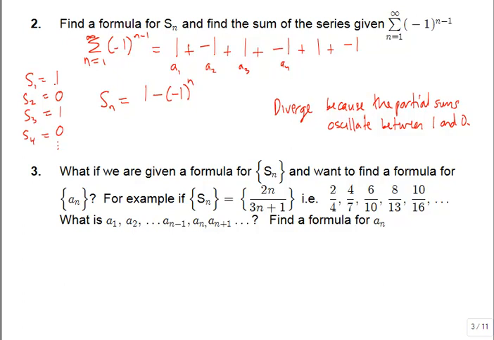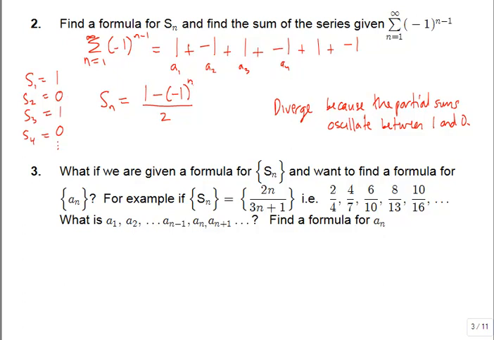So we want this answer to be a 1. So if n is 1, this is going to stay negative, and we'd get a 1 minus a -1, which is actually a 2. So how do I take that and turn it into a 1? I can divide by 2. So that will give me the first partial sum. Let's see if it works for S sub 2. So if n is 2, now this is going to be positive, and 1 minus 1 will be 0.